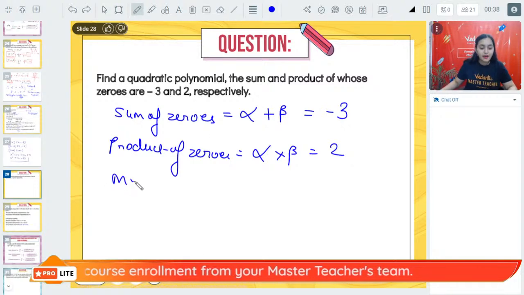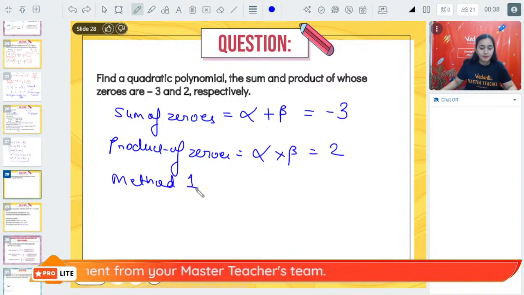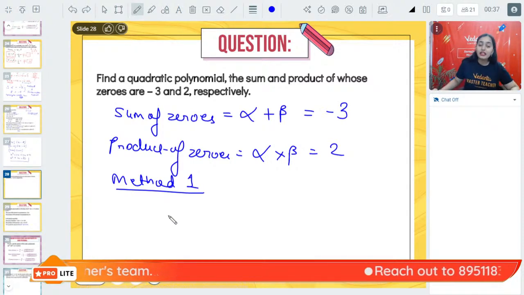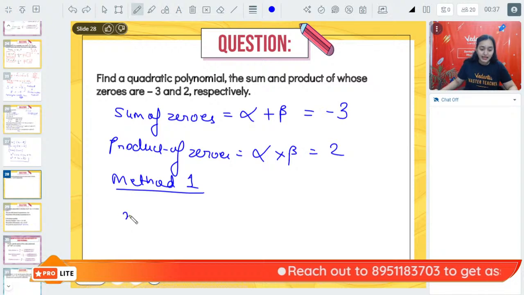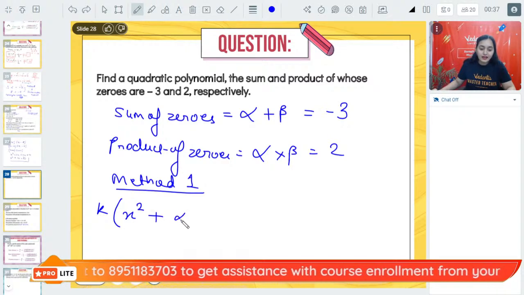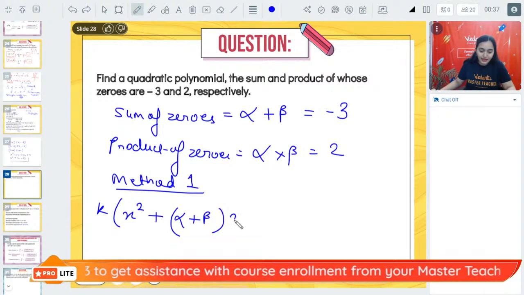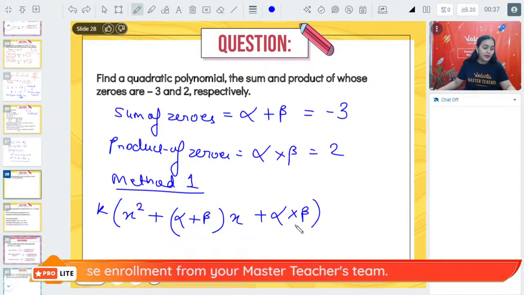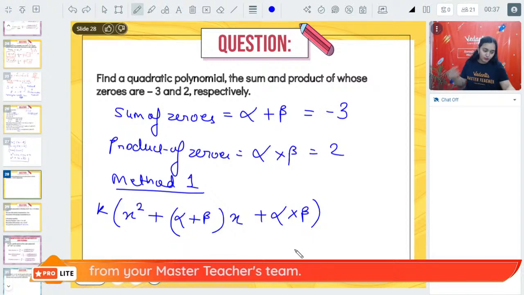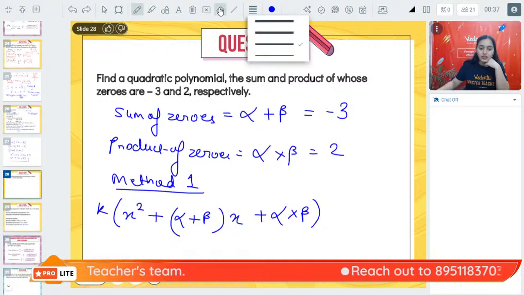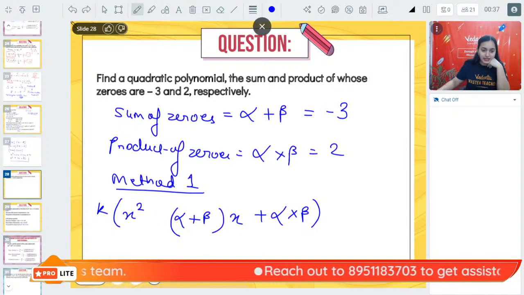Okay. Method number 1. It says that your polynomial is basically k into x square, keep a constant k with it, minus alpha plus beta x plus alpha into beta. Here you are going to put the minus sign.